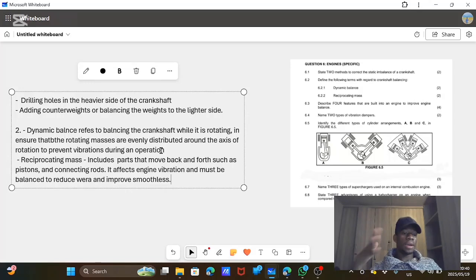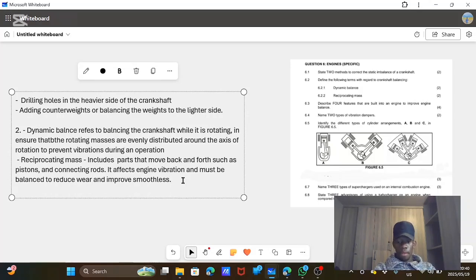This is a reciprocating mass: it includes parts that move back and forth, such as piston and connecting rod. It affects engine vibration and must be balanced to reduce wear and improve smoothness. Let's go to another question, which is number 3.